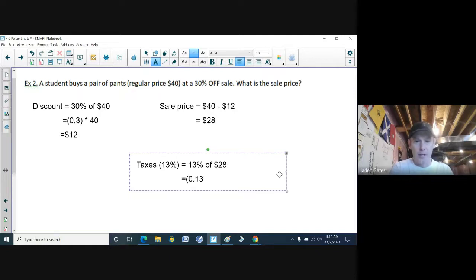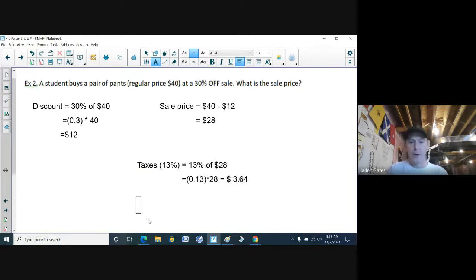Times it again, because of is multiply, by my 28. And so the taxes on this pair of pants is, let me see, $3.64.